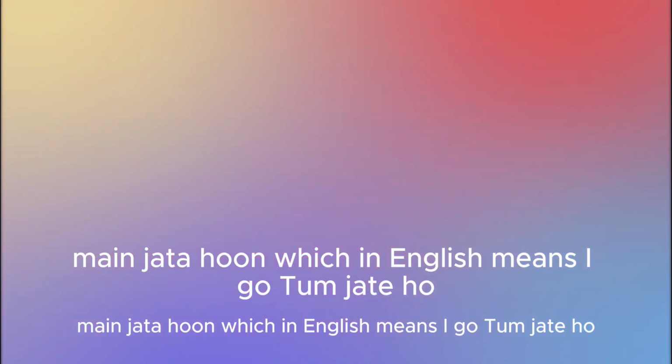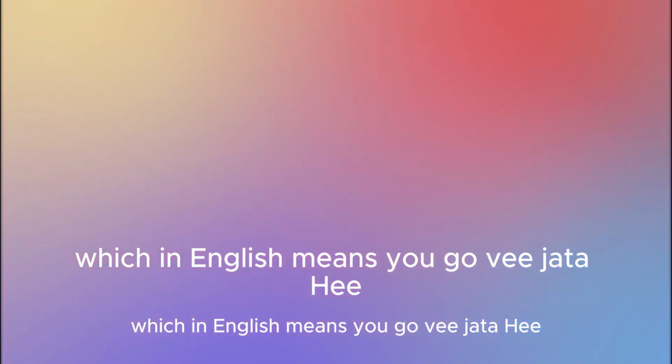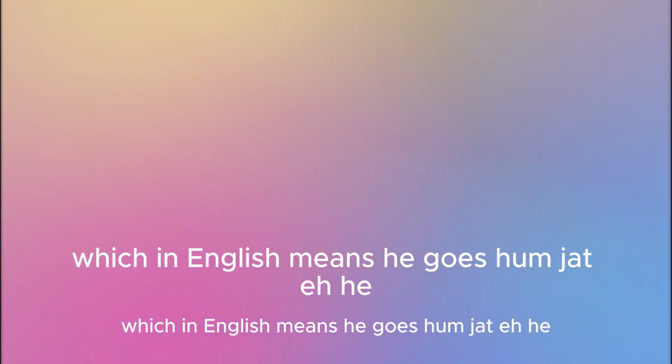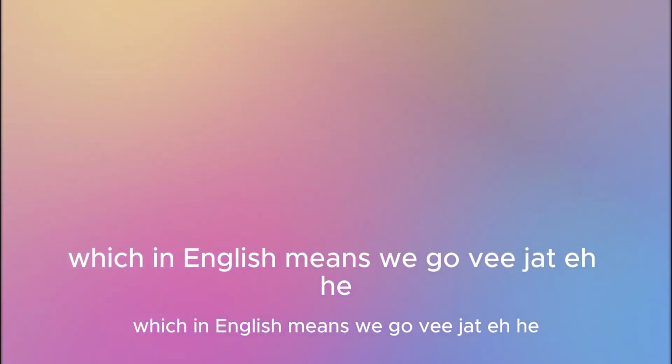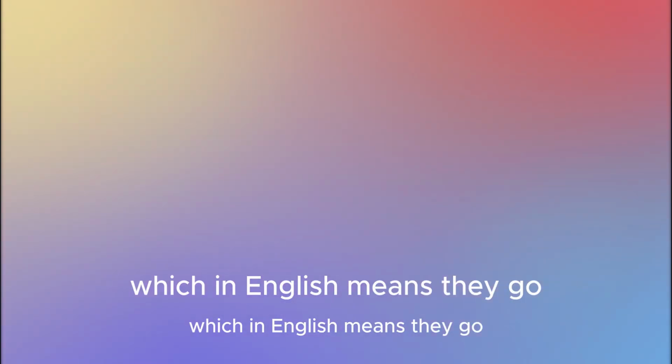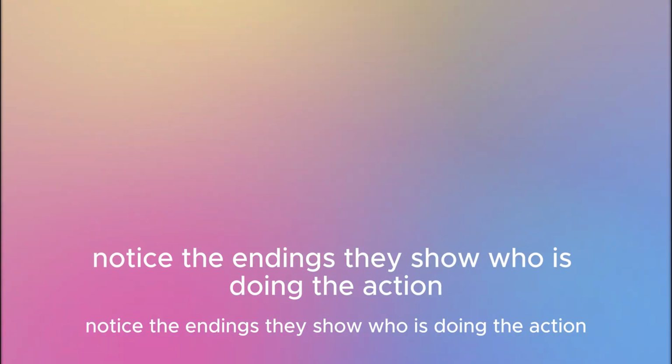For example, मैं जाता हूँ, which in English means I go. तुम जाते हो, which in English means you go. वह जाता है, which in English means he goes. हम जाते हैं, which in English means we go. वे जाते हैं, which in English means they go. Notice the endings. They show who is doing the action.